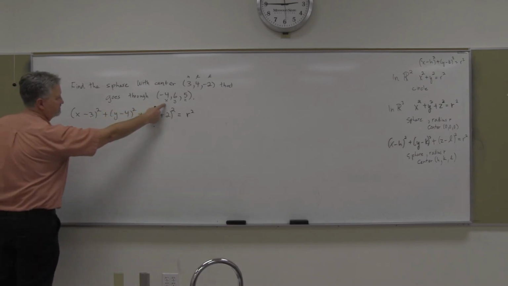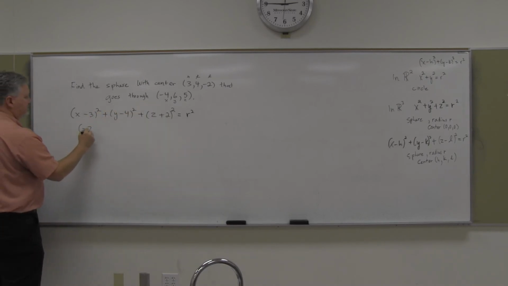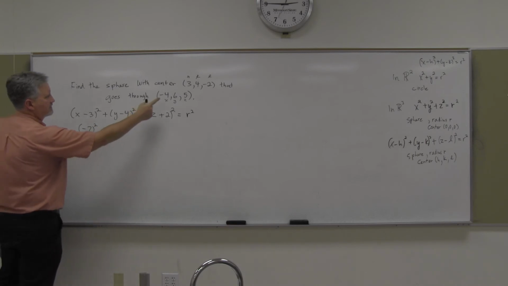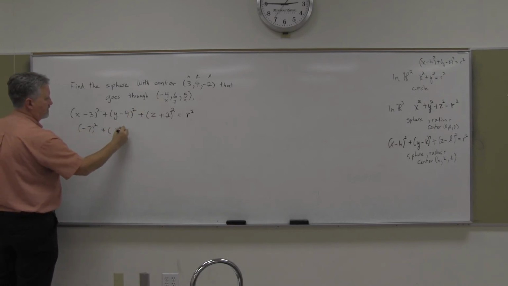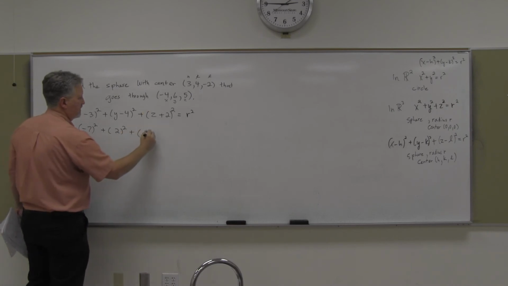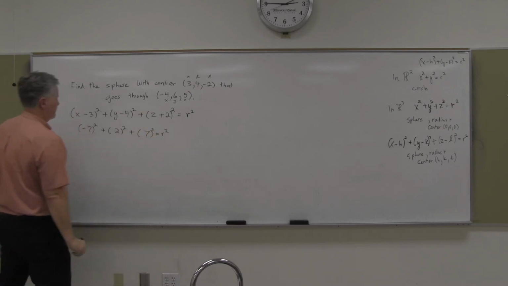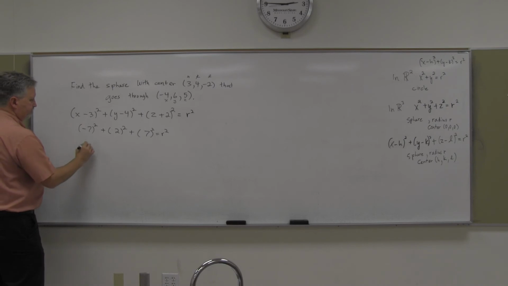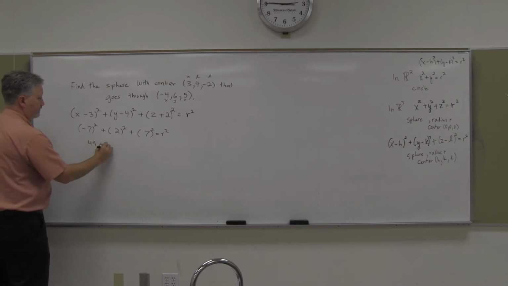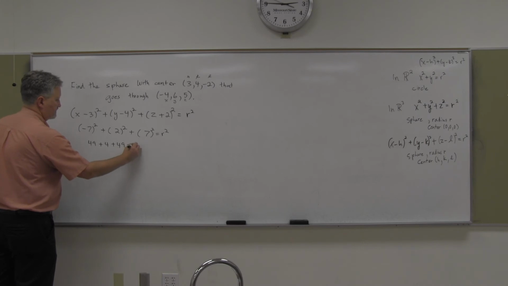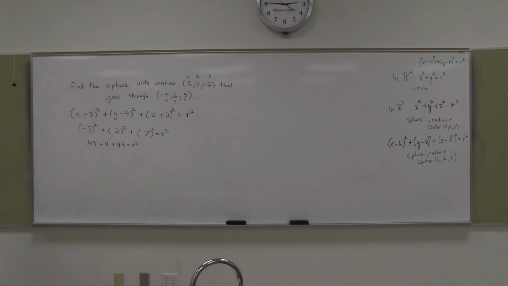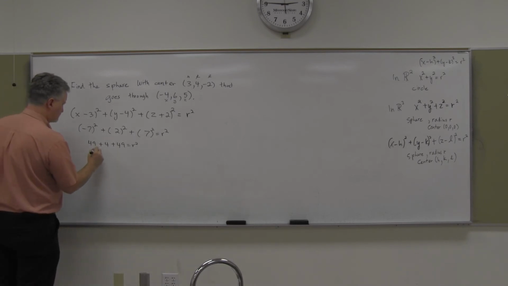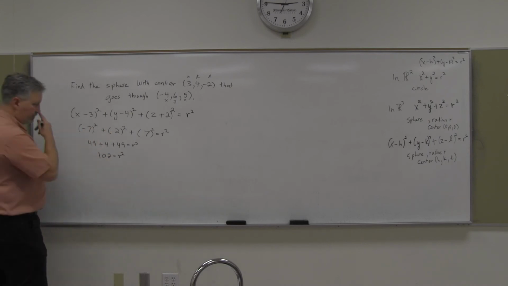So if we plug in the x to be -4, what does that make? -7 squared. y is 6, that'd be 2 squared. And then 7 squared. That's what r squared is. 49 plus 4 plus 49. So that's r squared. Which radius would be the square root of that, 102.